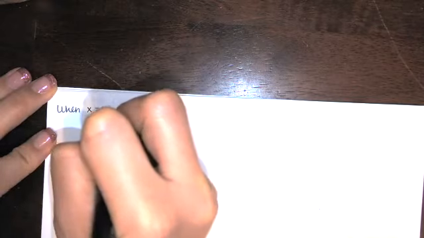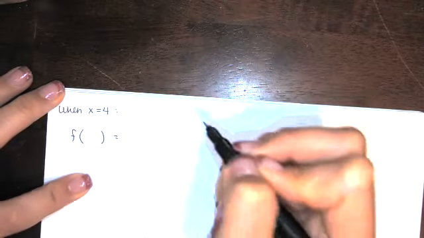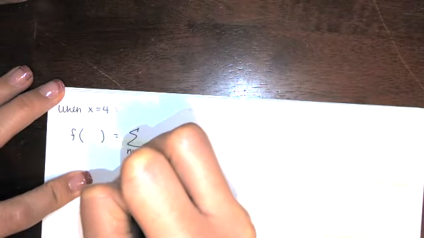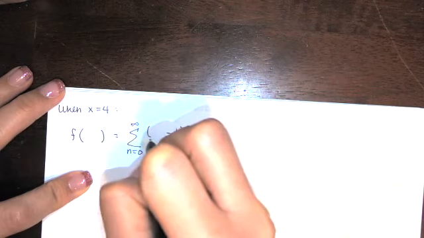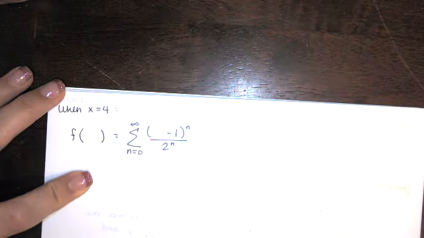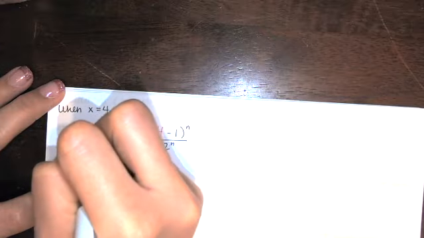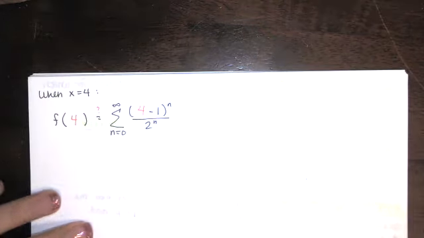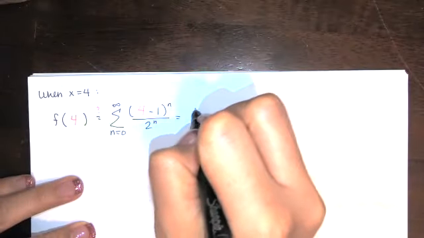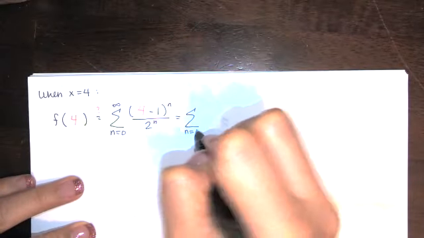Let's use x equals 4. If this is a function of x and I try to substitute in x equals 4, this is what I would get. And this is questionable, because maybe it's not actually a function, because that sum diverges.